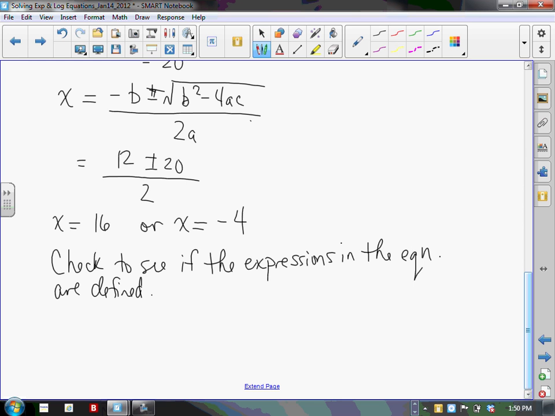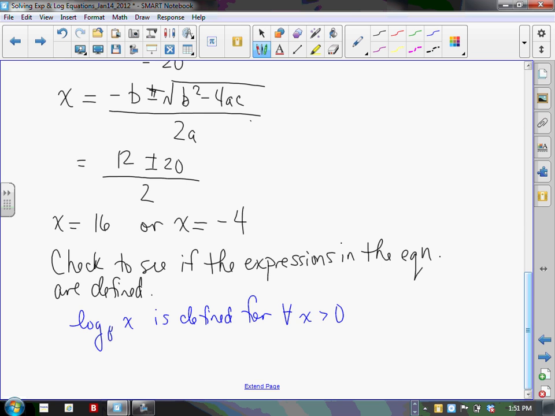So, if we consider the log of x to the base 8, okay, if we were to substitute these values in, we know that it is defined for all values of x that happen to be positive, x greater than 0.